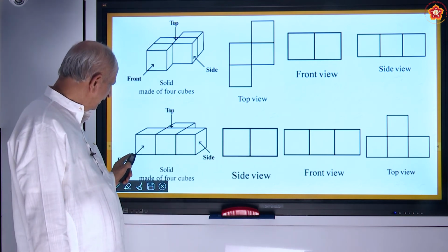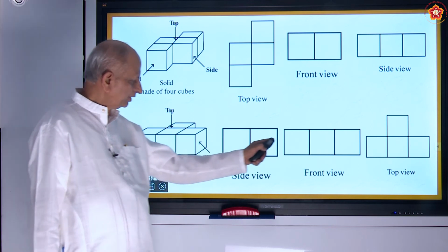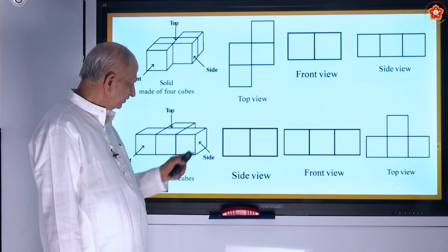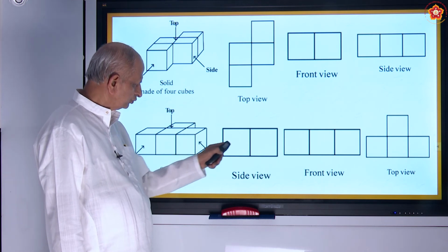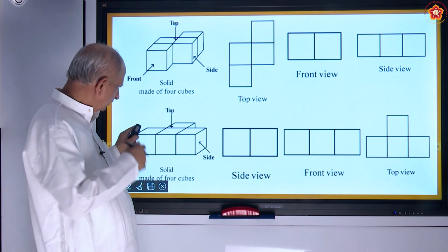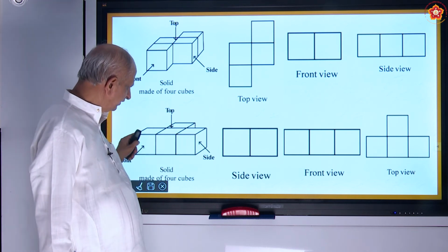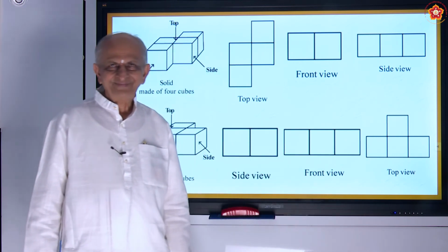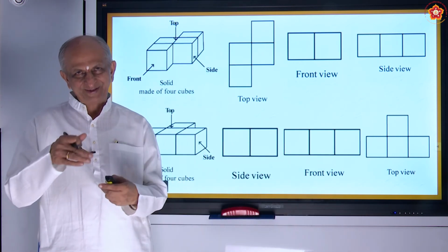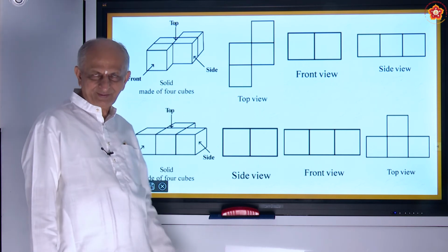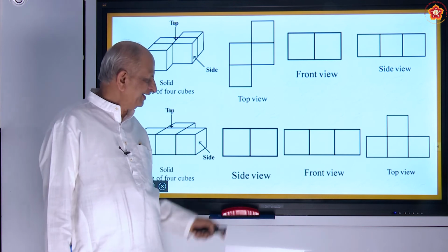From the front, you will have 3 squares. 1, 2, 3. Side means 1, 2, only 2 squares. From the top, 3 squares here plus 1 square here, 3 plus 1. So like that you can arrange in different ways. This is one way, 2 plus 2, this is 3 plus 1, correct? Then it looks like this.